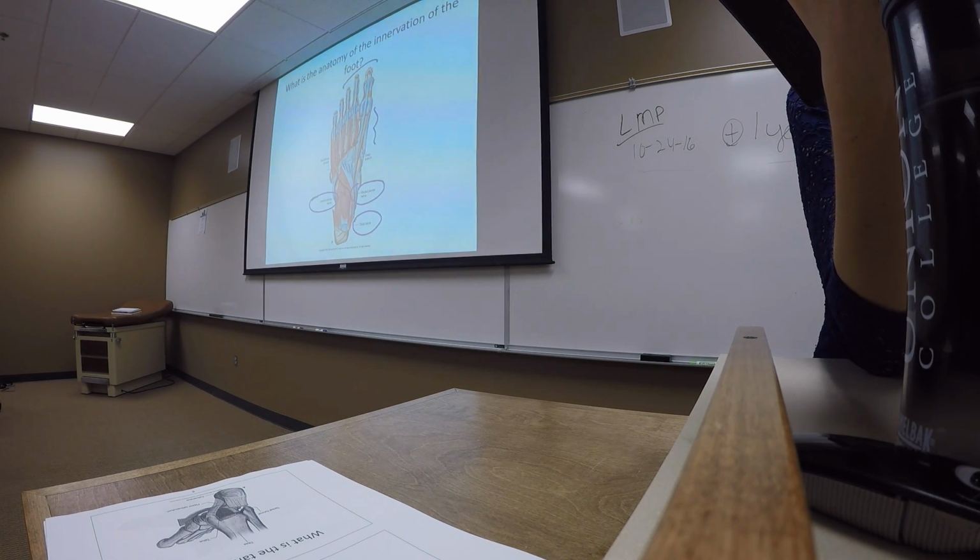And the lateral plantar nerve supplies the lateral 2 digits. Or rather, the medial nerve actually supplies the medial 4 digits, so it goes all the way out to digit number 4. And then we've got overlap right here at digit 4 between the two.